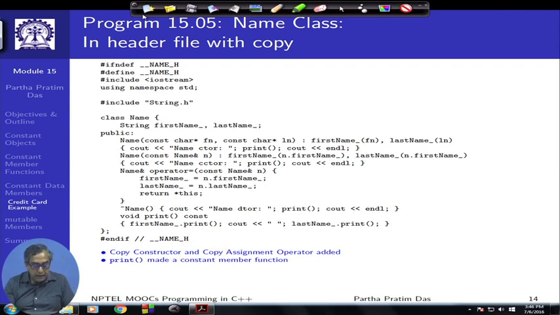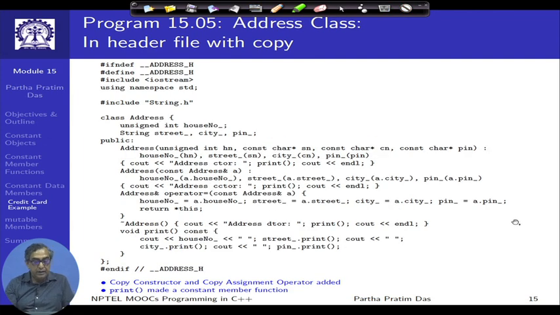The name class, again copies are added and the print function has been made into a constant member function. We have seen this class also earlier. It can be used to define the name of any person. The address class, copies added, and again the print function has been made a constant member function.